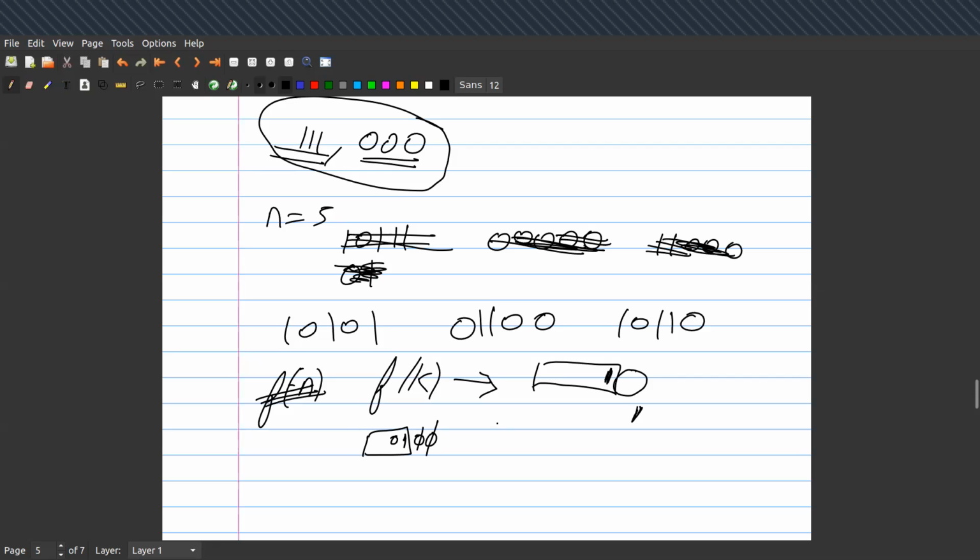Number of subarray. K was for k length array, right? Whether I can append a 0 or hmm.